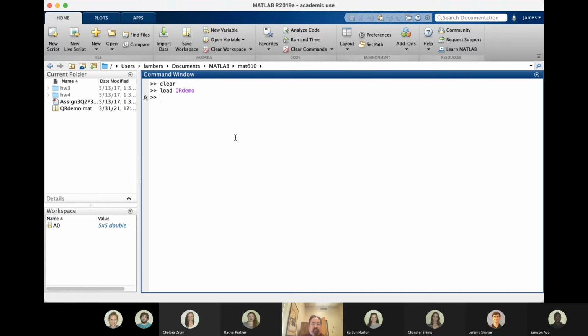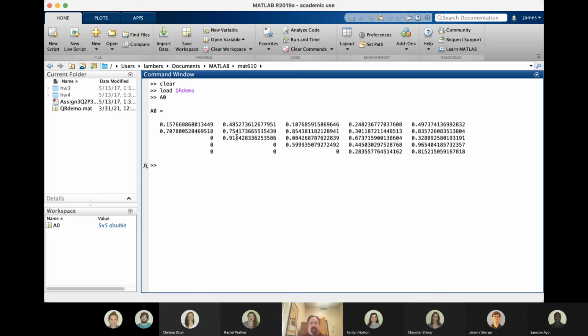All right, so here's my matrix, A0. It's a randomly generated Hessenberg matrix, and fortunately, it happens to have real eigenvalues. So that's helpful for this demonstration.